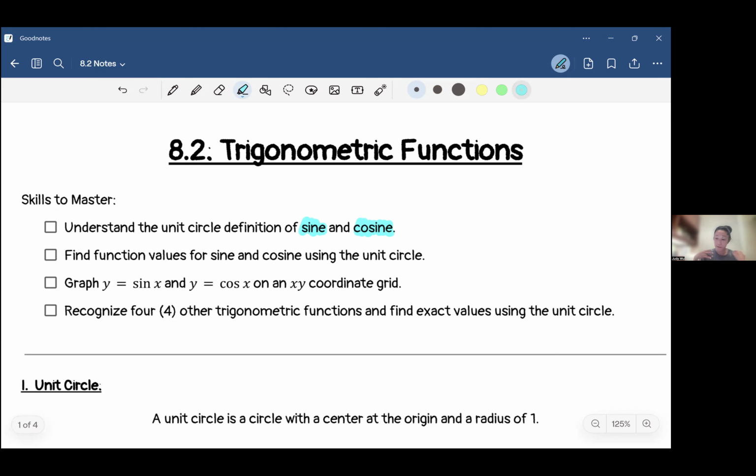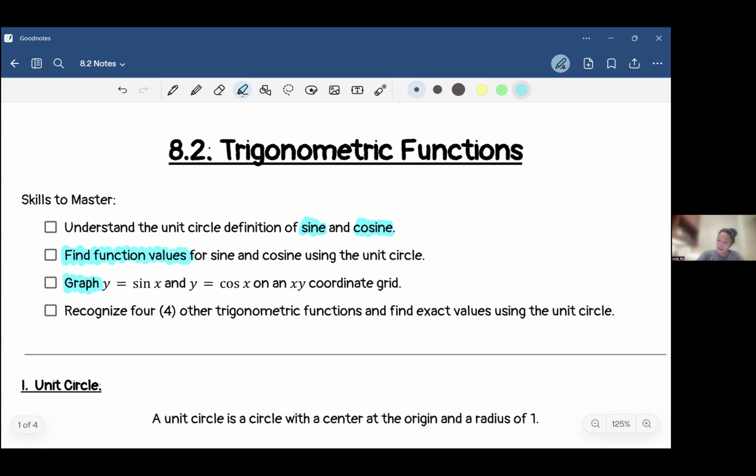But to build a little bit of background information, we want to make sure that we know how to find function values for sine and cosine using something called the unit circle. We want to be able to graph what sine and cosine look like, and it'll be less important for us to know how to graph it. It'll be more important for us to recognize what it looks like.